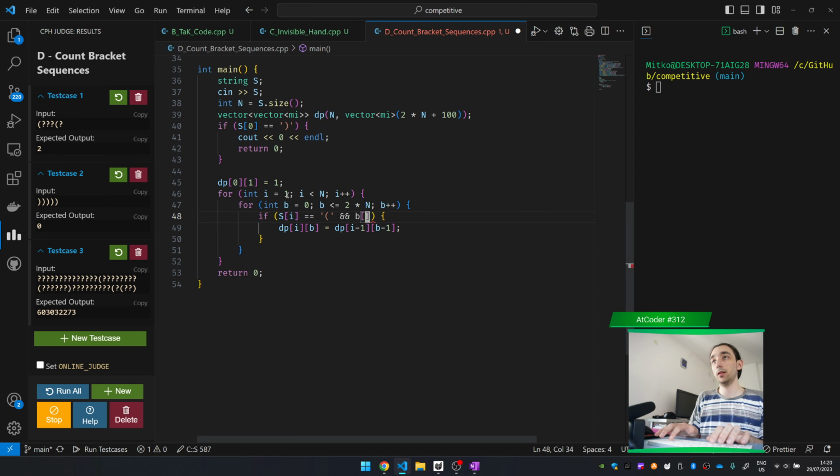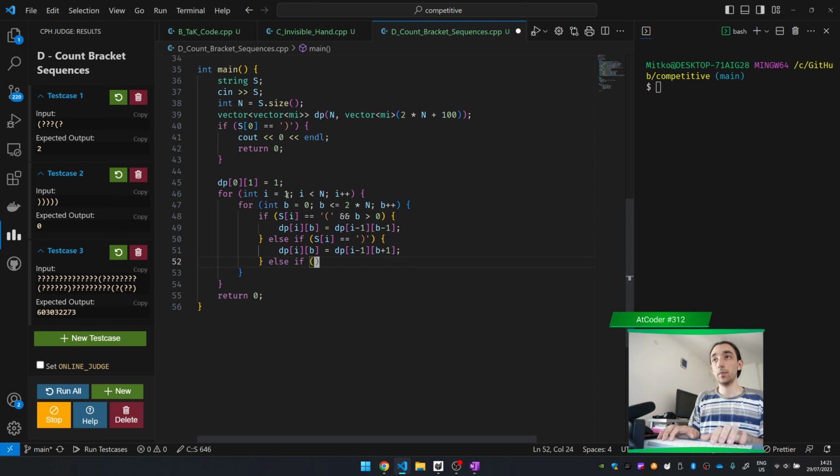And then the balance is bigger than 0. Else if this is a closing bracket, then we want to get this.